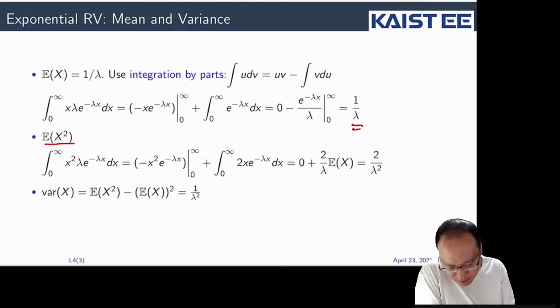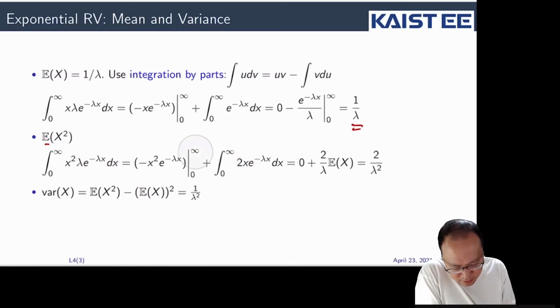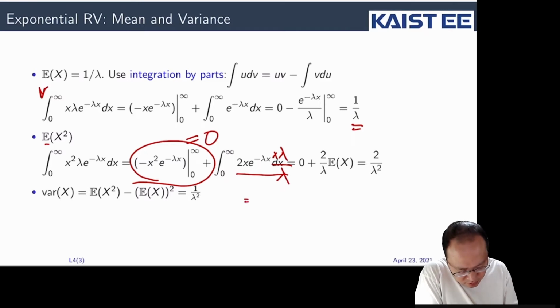We can apply a similar technique for the expectation of x squared. Again, we use integration by parts, with this as u and this as dv. This is the uv term from 0 to infinity, which is 0, and this is the v du term, where du is 2x because u is x squared, and the minus becomes plus, giving e to the minus lambda x. Now rather than integrate again, we use the earlier result: multiply and divide by lambda, which gives 2 over lambda times the integral of x lambda e to the minus lambda x dx.